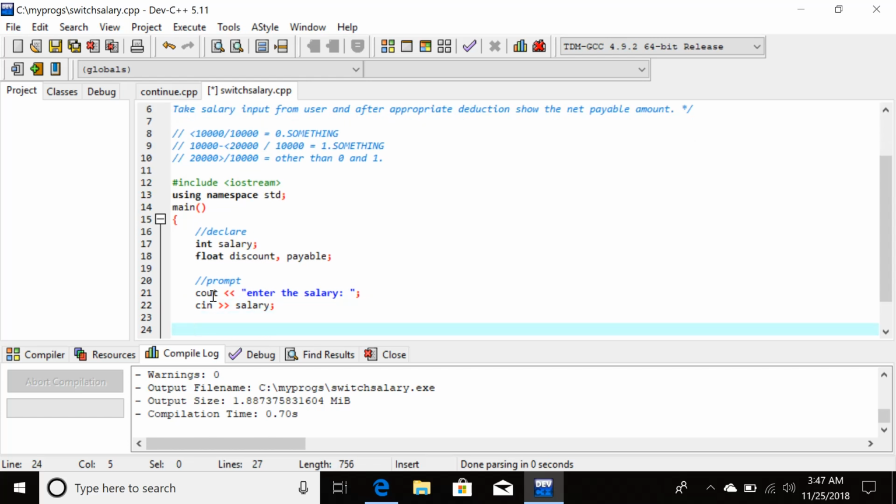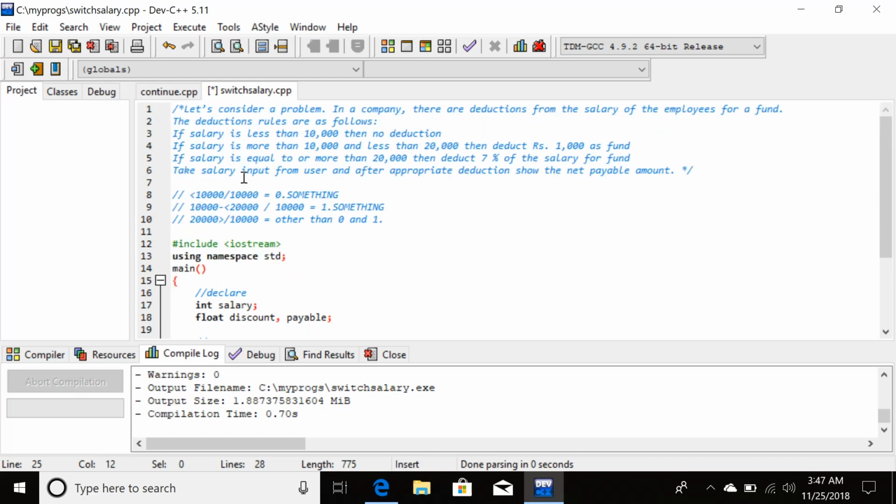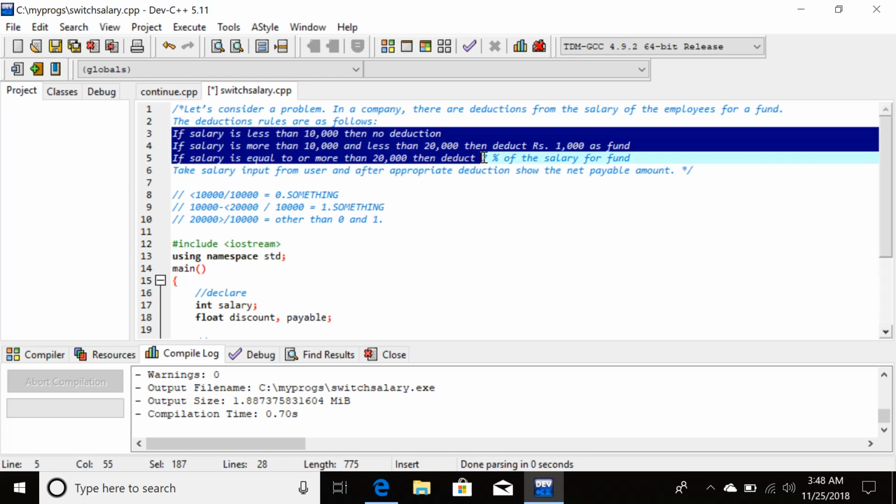Now we'll be using the switch structure, but remember, for the switch structure we use a variable which has a single value, and that single value will be checked against the cases. So how do we find the single value which encapsulates all of these conditions? Here we'll use a simple trick of C programming: division truncates the decimal part.